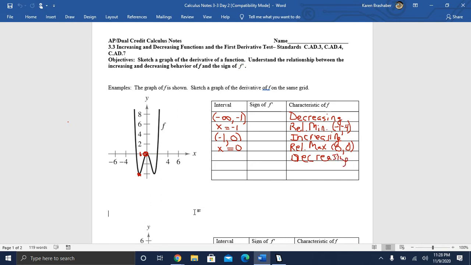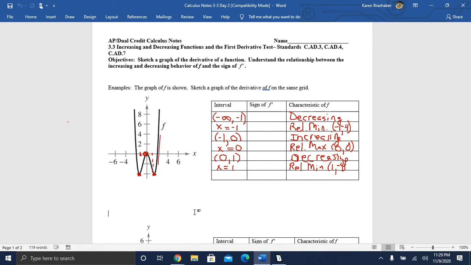Where this occurs would be from 0 to, again, having to estimate, I'm going to say with symmetry that might be at 1. And then at x equals 1, I have a relative min. And again, with symmetry, I'll say that that's at 1 and -4.